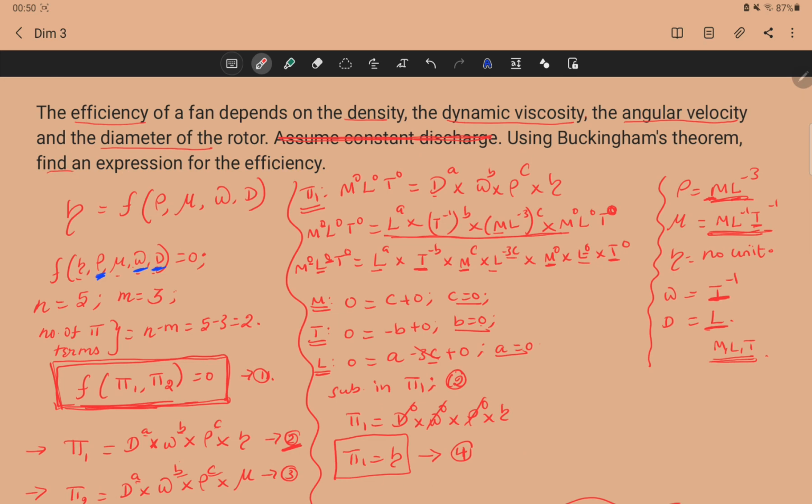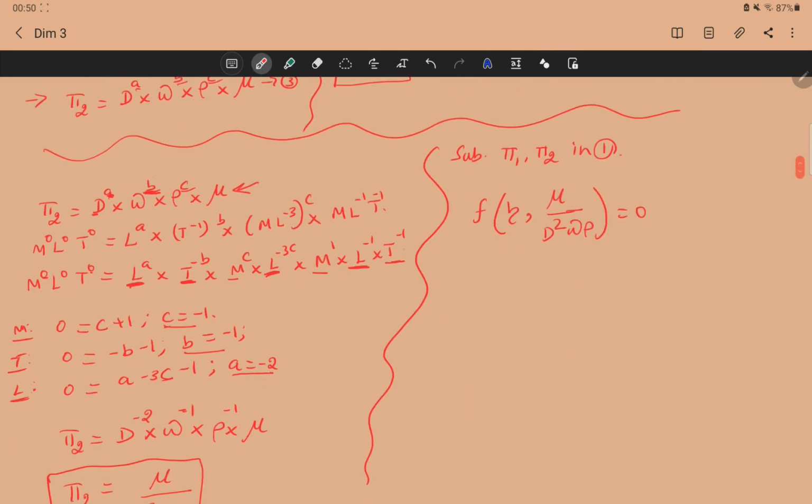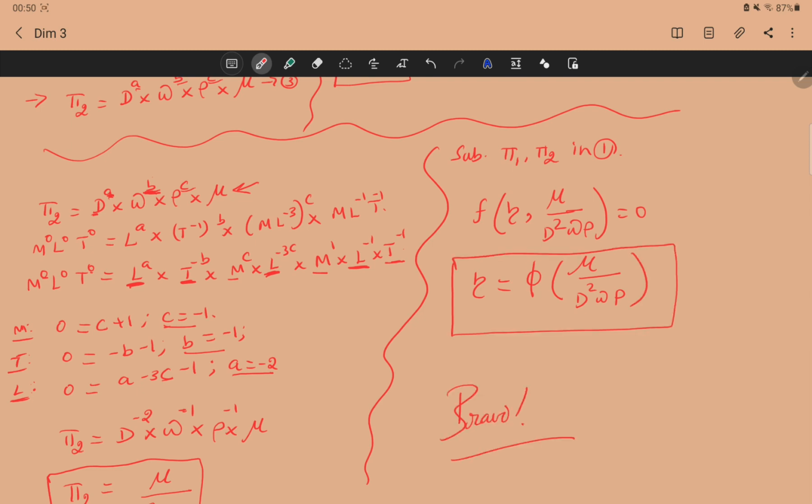Find an expression for the efficiency. So we have to have efficiency outside. So efficiency is equal to a function. We do not know what function it is. A function of mu divided by d square omega rho.